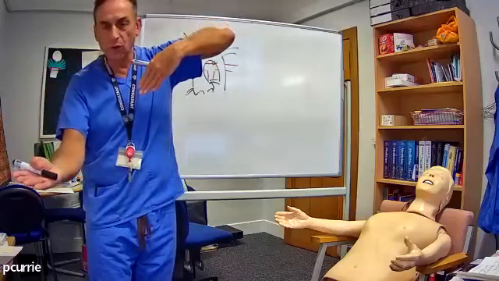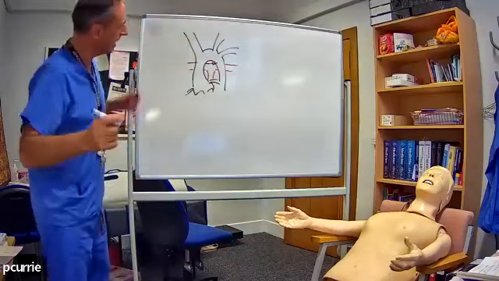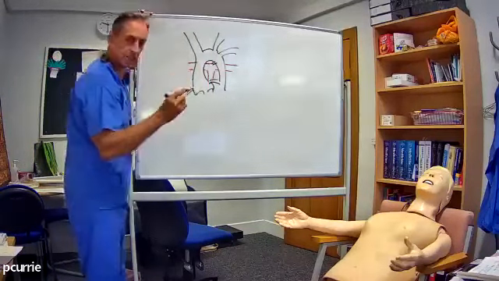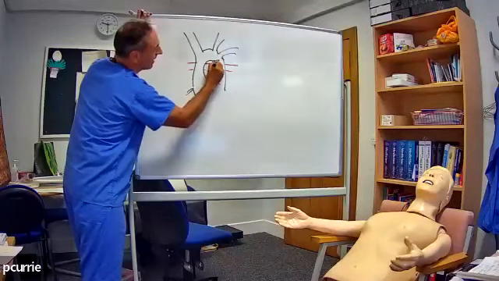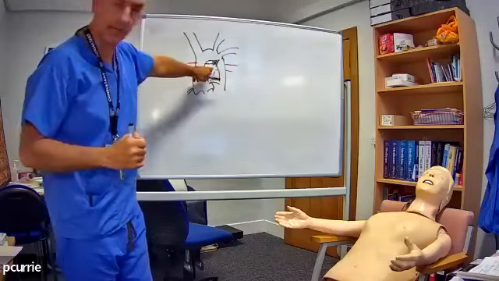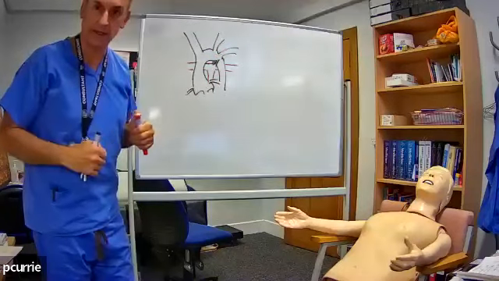You have an open foramen ovale, and you have a ductus arteriosus. And where you're going to find the commonest coarctation, which is a condition where there is a kink in the aorta, is around that duct. And that's often found very near the origin of the left subclavian.